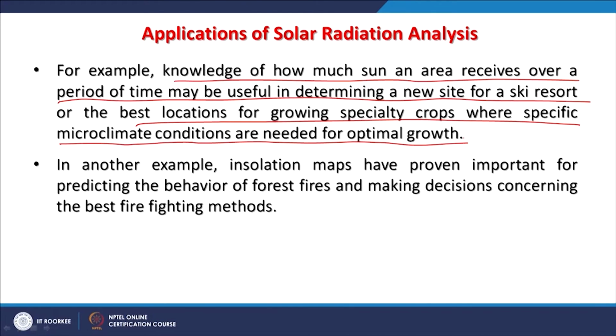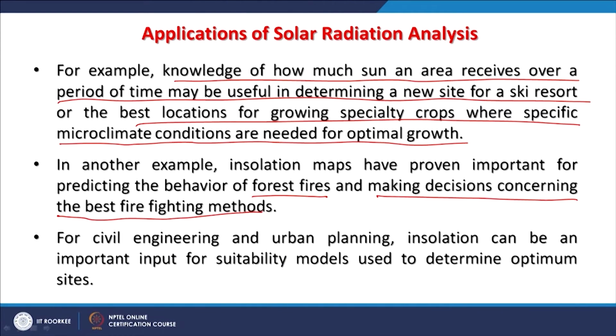Another example is that solar insolation maps are important for predicting the behavior of forest fires, because there it also provides the heat, and sometimes there are natural forest fires. So, that can also be assessed, and decisions can be made based on that information for the best firefighting methods.